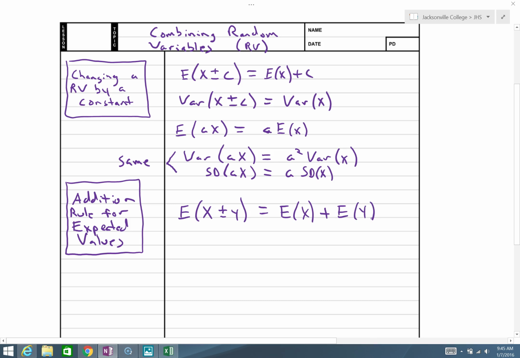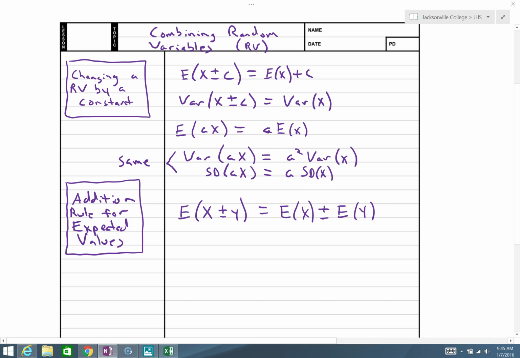Again, the means are behaving just exactly like we think they would. It should say add or subtract here. If it says add, we will add. If it says subtract, we will subtract.